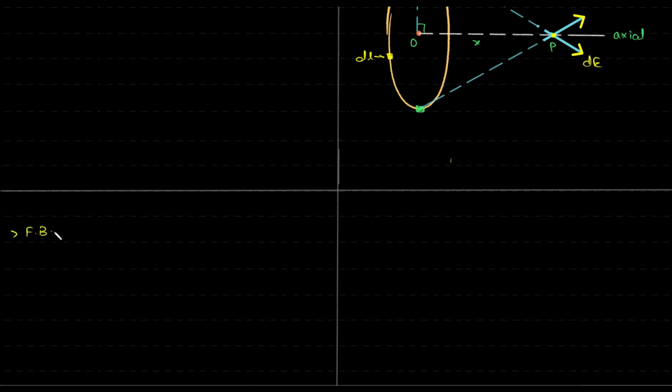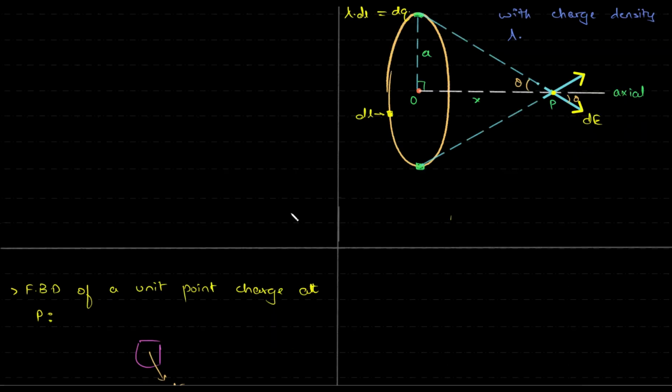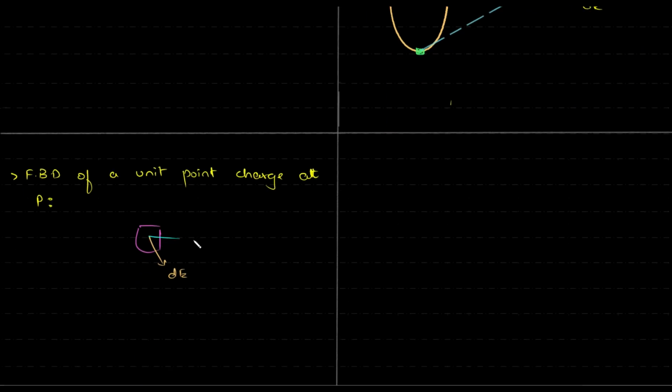By drawing a free body diagram of a unit charge at P. So now we are looking at dE, and we'll call this angle theta. So if this is our horizontal line, this will be theta.